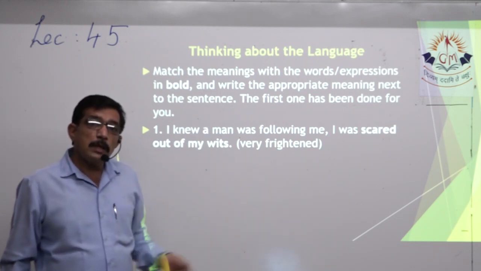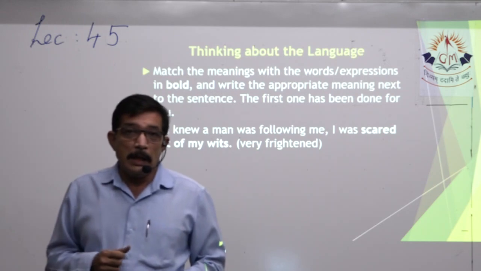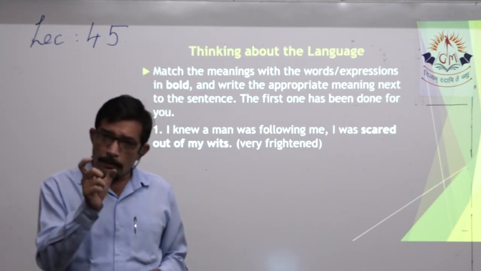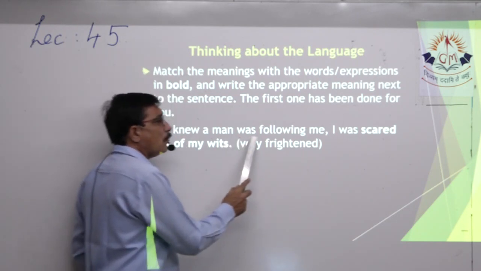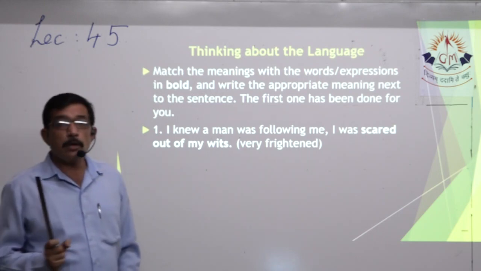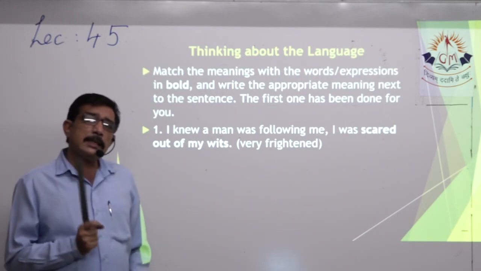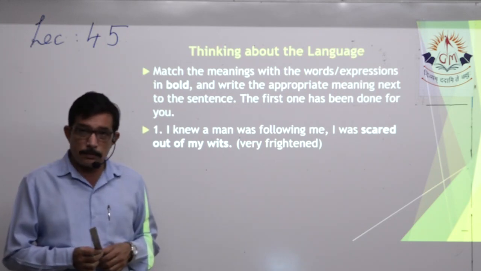So students, what we are learning over here is to enhance and improve our vocabulary. The same thing, you are frightened, but what happens if you write like this? I knew a man was following me. I was frightened. It looks very simple, and it doesn't have the desired effect on whoever is reading the text.